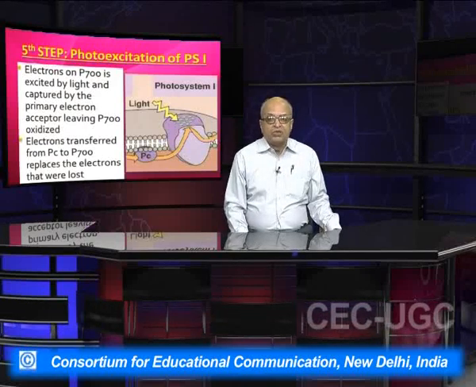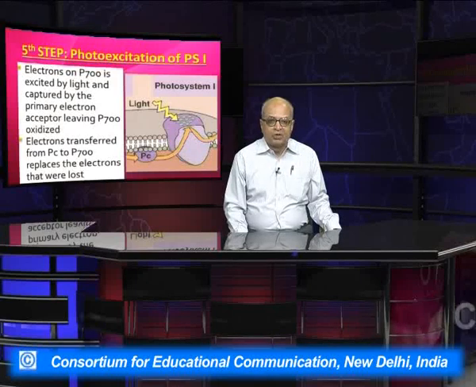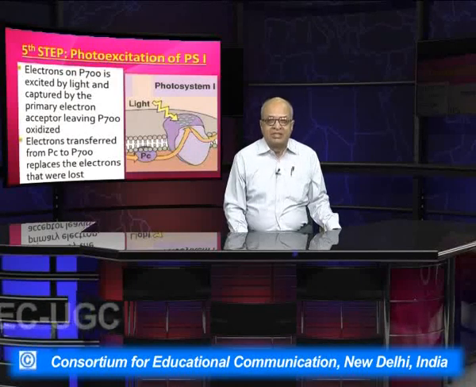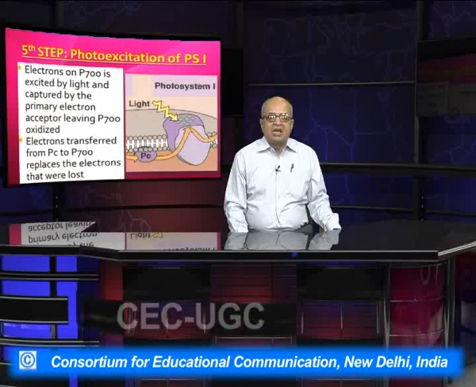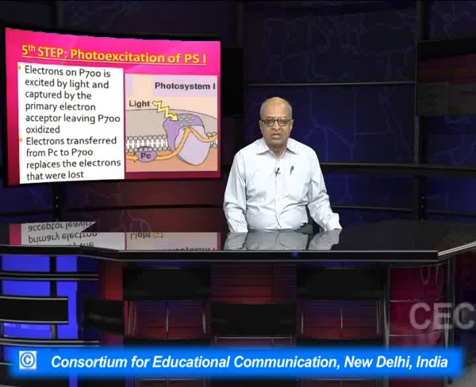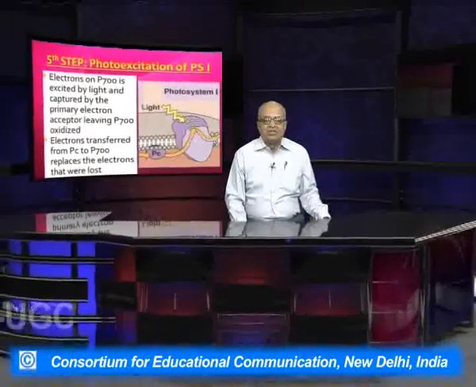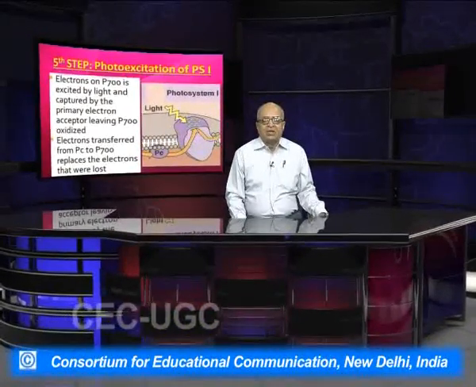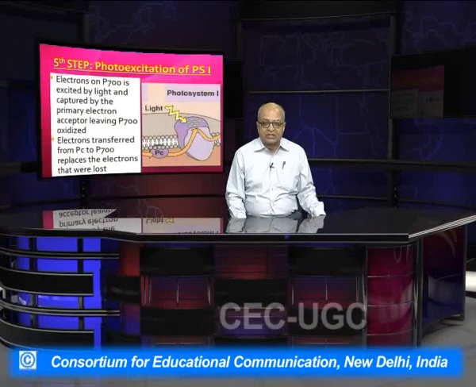We should remember photosystem 1 operates at wavelengths greater than 680 nanometers, and its P700 is the sink, or what we call as the energy trap. And this photosystem also gets excited.